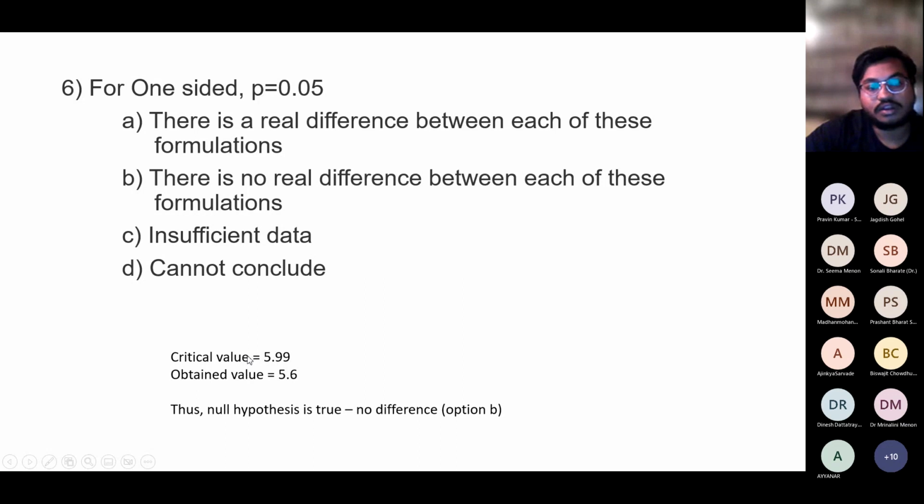The critical value that we got from the table was 5.9. Since our obtained value is less than the critical value for a one-sided test, we say that the null hypothesis is true. There is no difference. So the answer here will be option B. There is no real difference between each of these formulations. Is that clear?